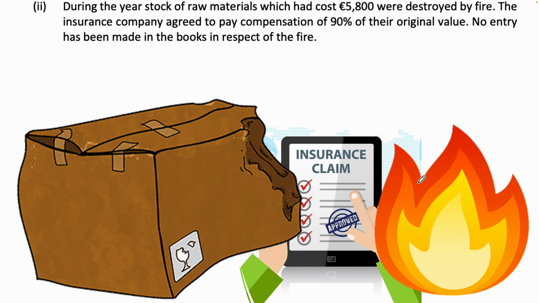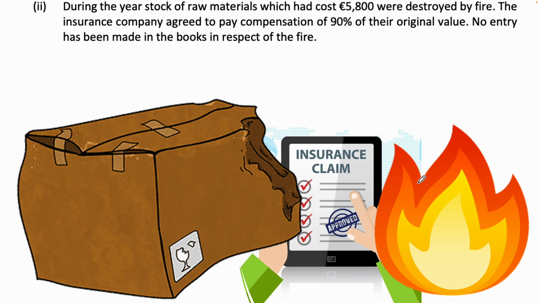Adjustment number 2, during the year, stock of raw materials which had cost 5,800 were destroyed by fire. The insurance company agreed to pay compensation for 90% of their original value. No entry has been made in the books in respect of the fire. Okay, so look, raw materials were damaged. They cost 5,800 in total, okay?